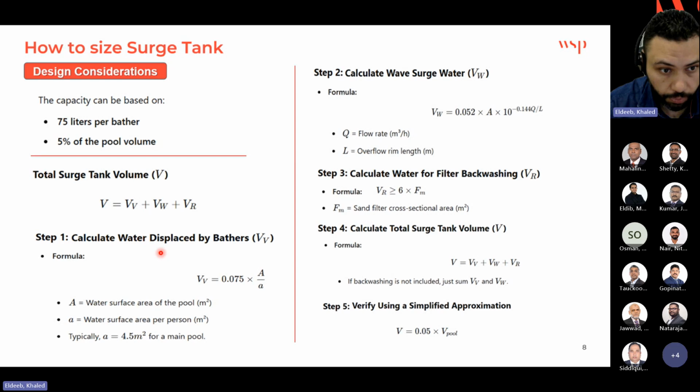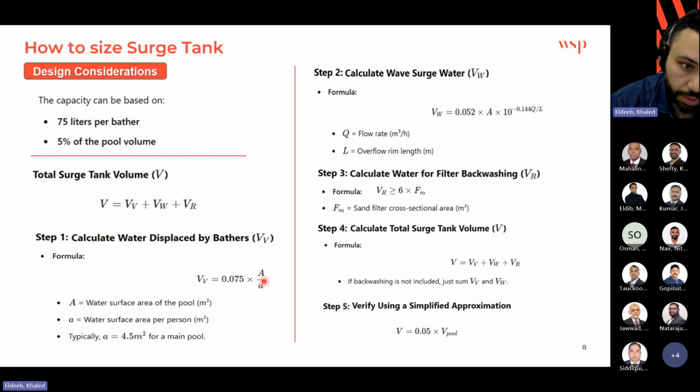First, the volume displaced by the swimmers or bathers. As I just explained, every swimmer occupies about 75 liters of water. Convert this to cubic meters, it gives you 0.075 times the number of swimmers or bathers.